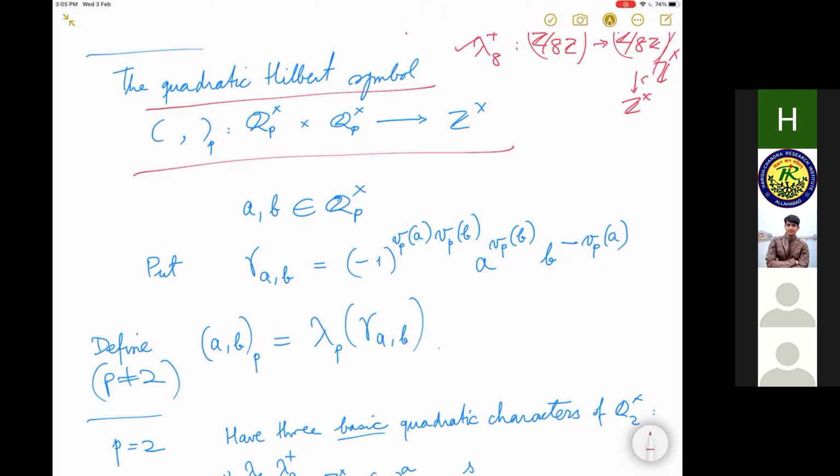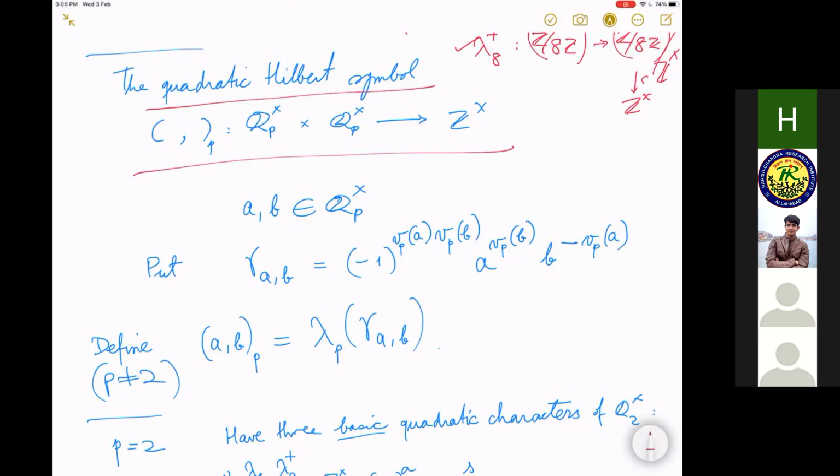It's just a map ZP star to FP star, and then you have this lambda P from FP star to Z star, and the whole thing is being called lambda P as well. So the Hilbert symbol (A, B)_P for P different from 2 is defined as lambda P of this gamma AB here, right?